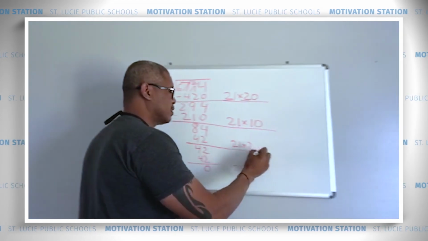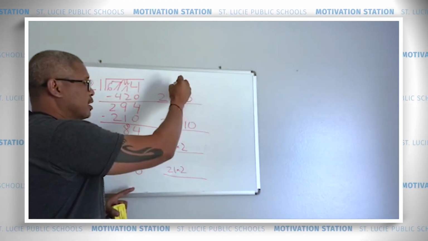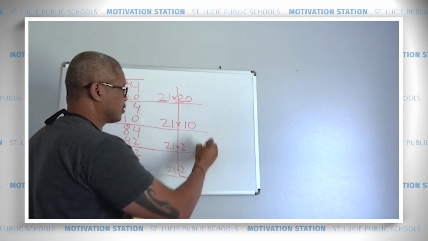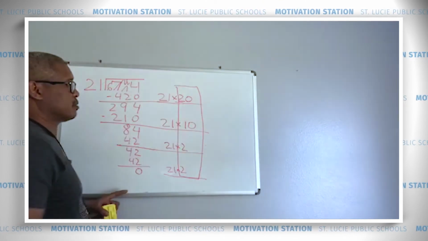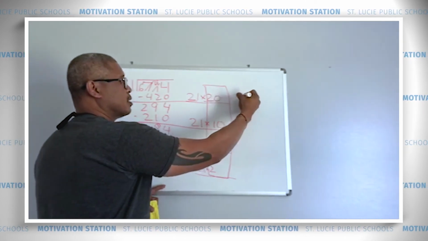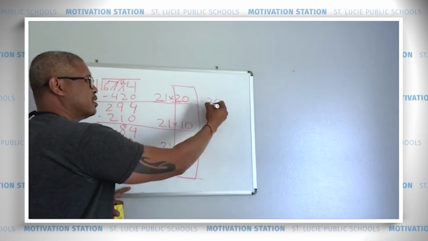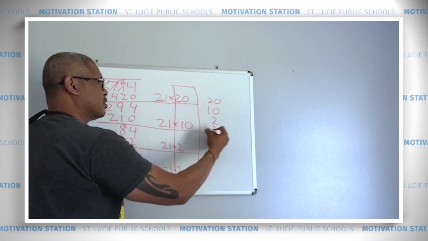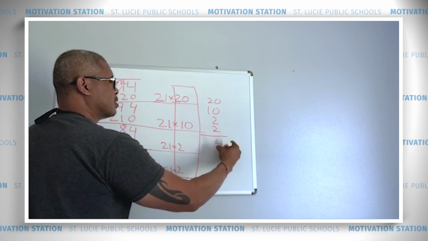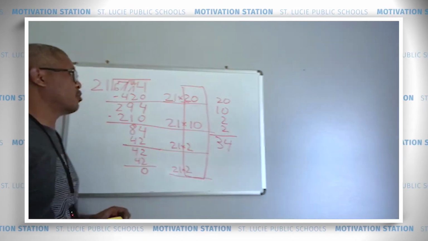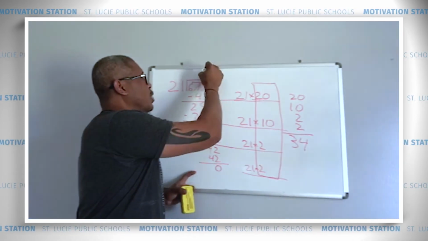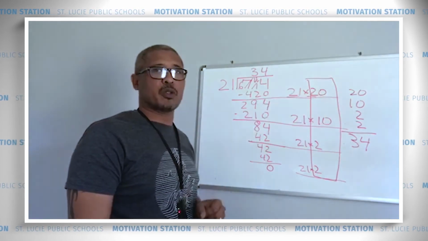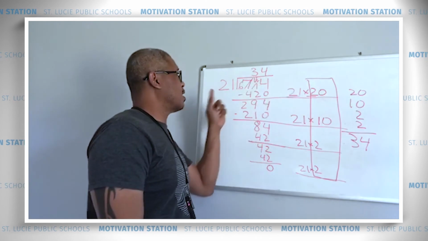Now, again, I just simply add 20 plus 10 plus this 2 plus this 2, 34. It's the same answer we got, but if you notice, we just used different multiples to multiply our divisor with.